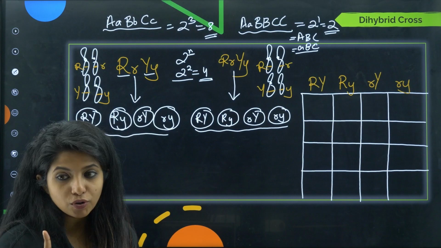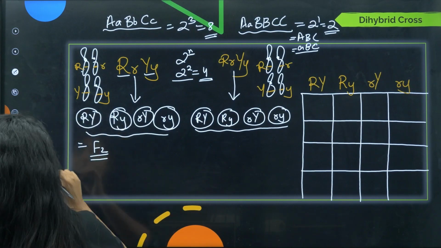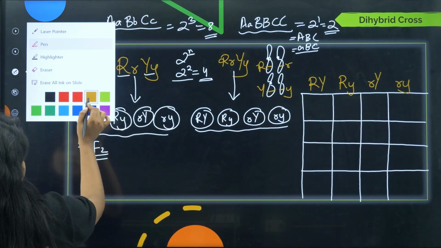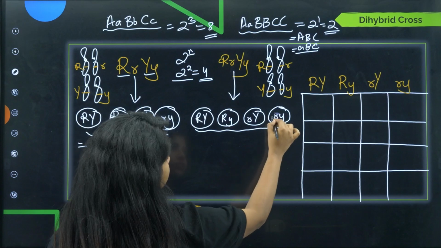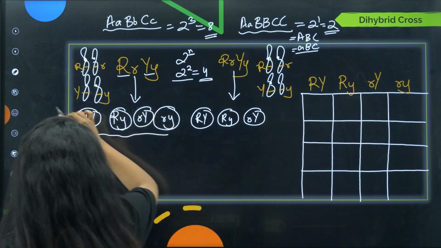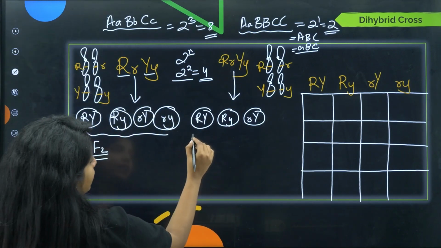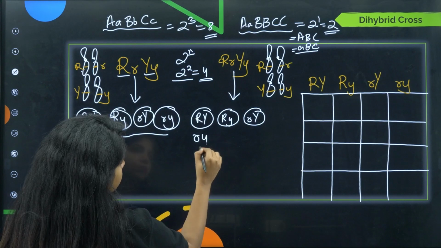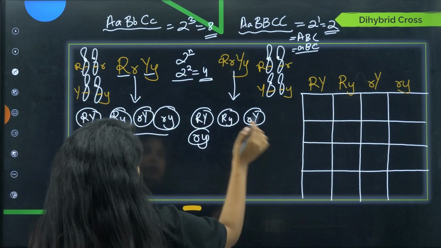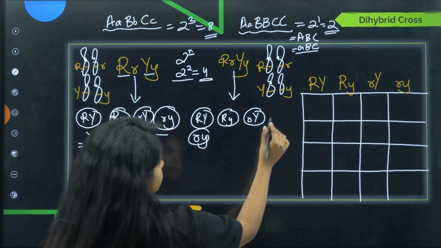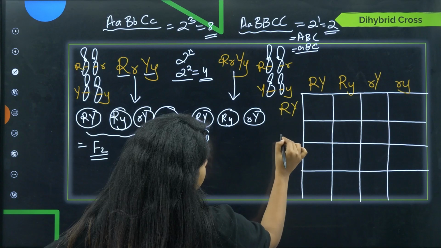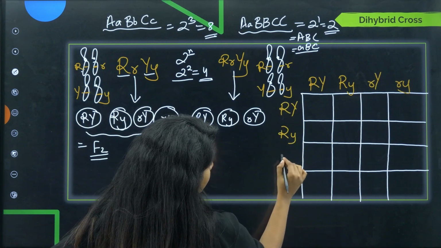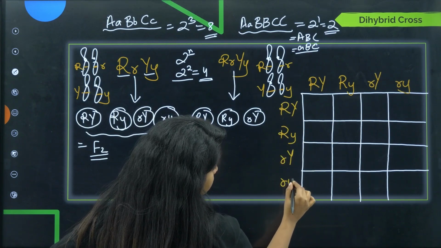Who was the person who got the Punnett square? If you remember, can you tell me? It was in the comment section. Reginald C. Punnett, right? So I'm writing over here. Okay, these are the 4 gametes. Now this side, same thing. The other parent will also give the same gametes. So what do we have? Small r, small y.